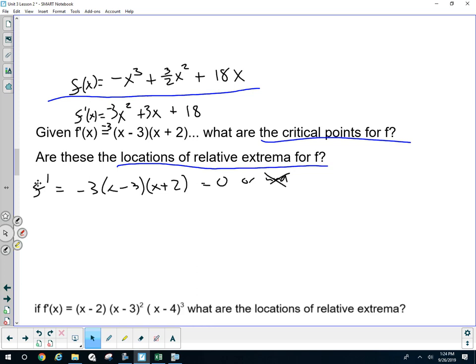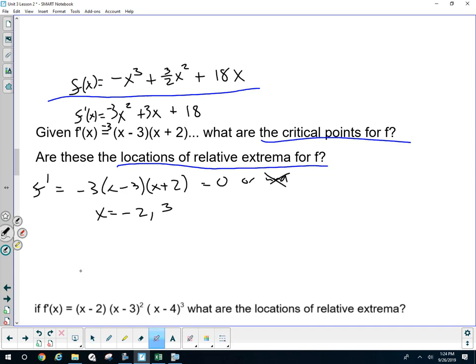Do you understand? I don't want you to be confused with me just starting out with f prime. Pretend you have f. I'm asking you about critical points and maxes and mins. You would take the derivative. You would then factor. Cool? Okay, great. Well, you know the critical points are at negative 2 and 3.